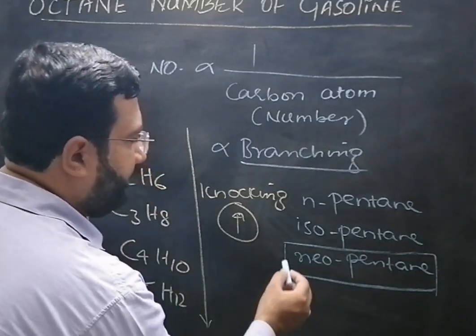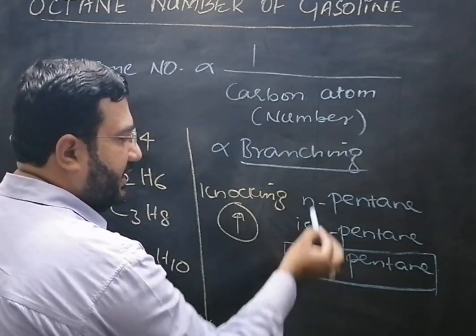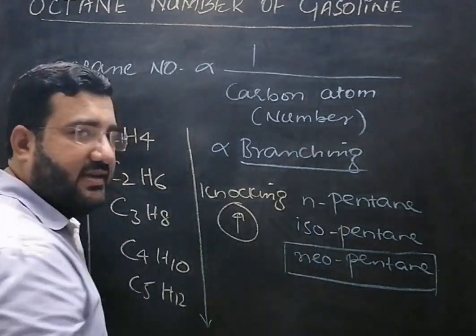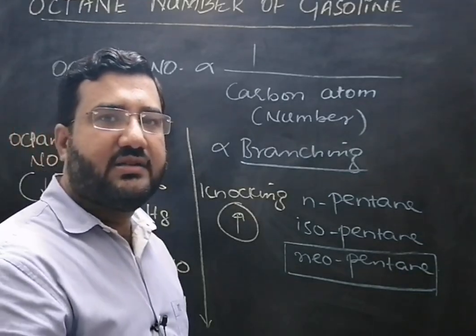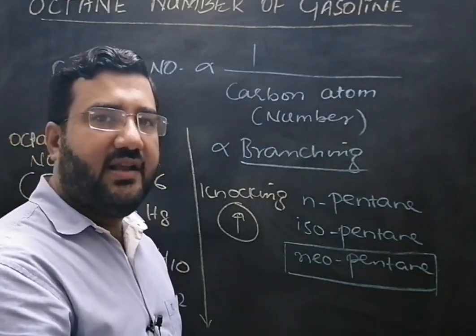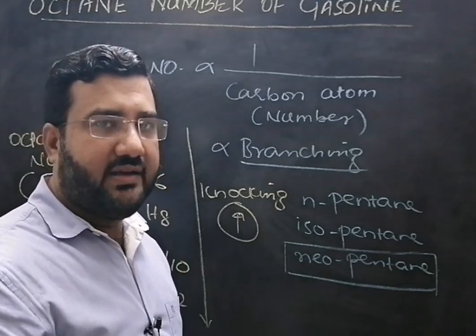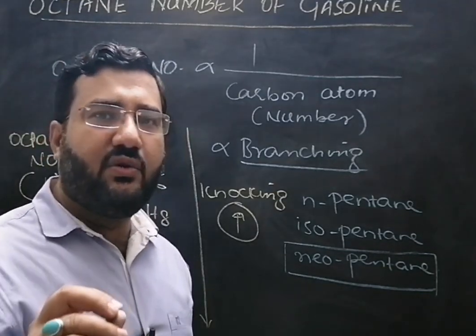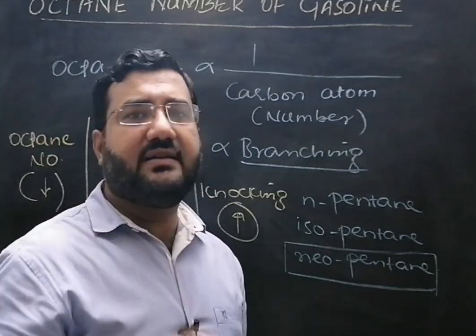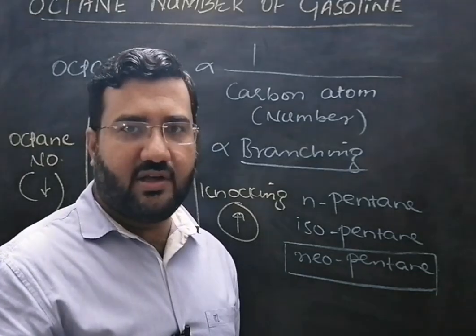So as the branching increases, the octane number also increases and the tendency of knocking decreases. So branched chain hydrocarbons are good fuel as compared to straight chain hydrocarbons.